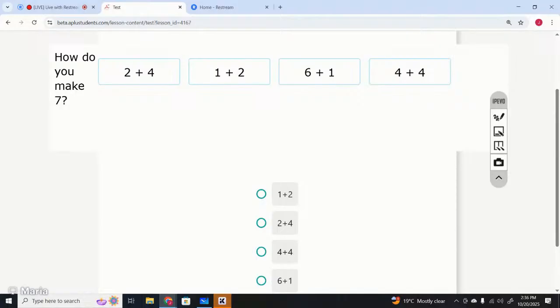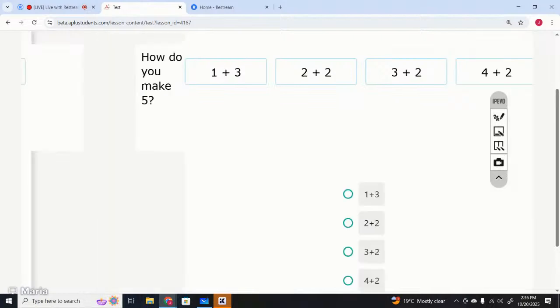How do you make 7? Option number 4 is the correct option. That is 6 plus 1.